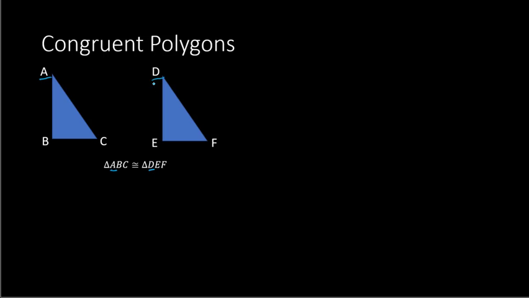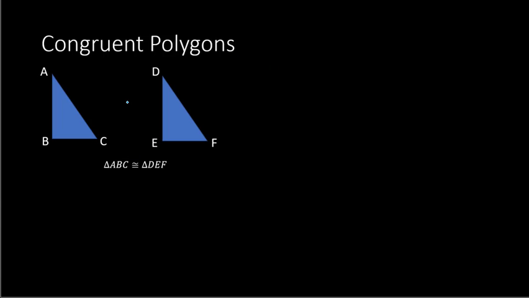So if A comes first, D must come first. And then we see that B corresponds with E. They're both in the bottom left corner. So because we put B second in this triangle, we need to put E second when naming this triangle. And then we see that C corresponds with F. We wrote C third, so F would have to come third as well.